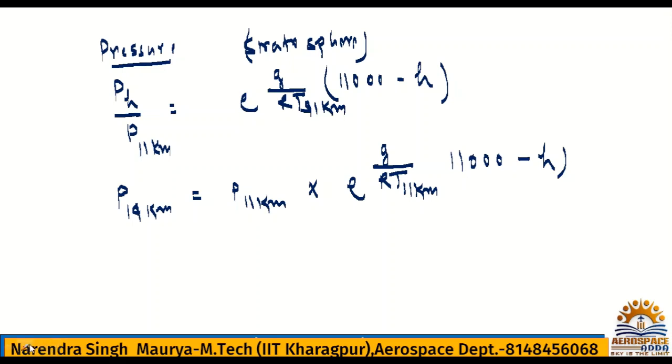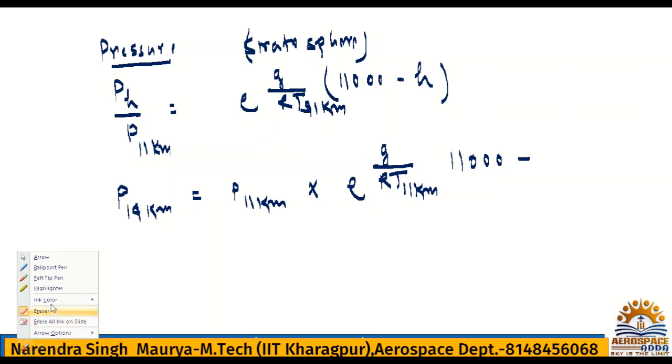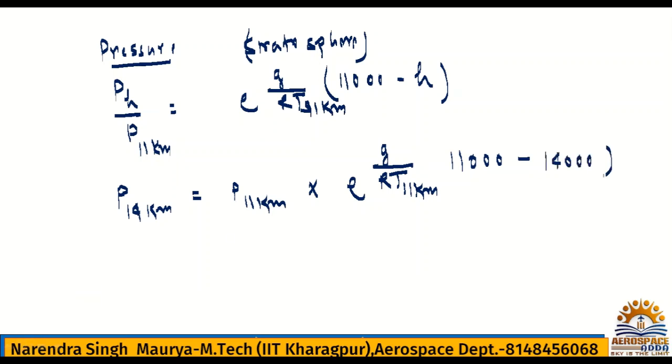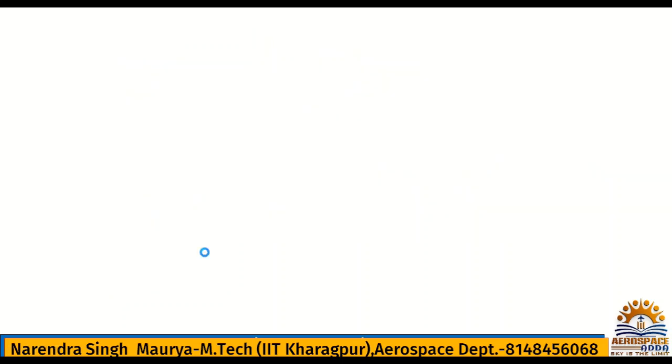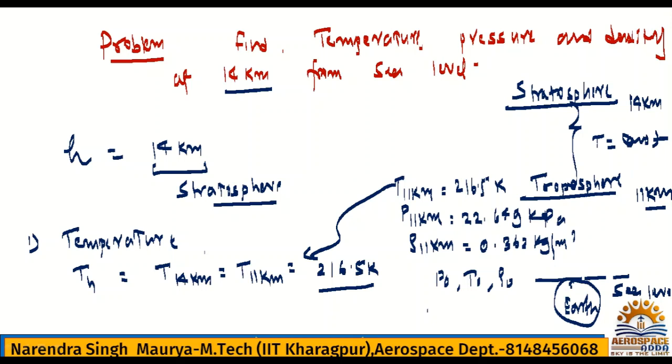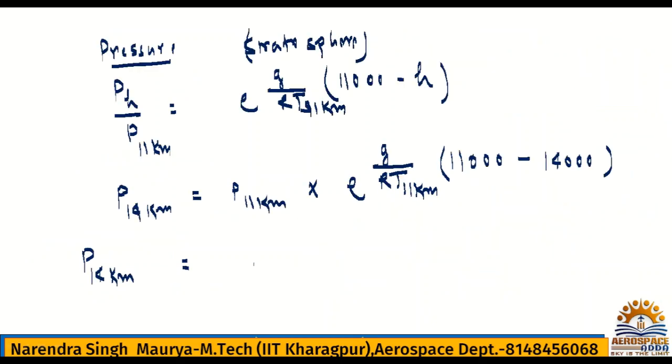What is h? h is 14 kilometer, so 14,000 meter. Now we'll put in all the data. What is P_11 kilometer? It is 22.649 kPa, where kPa, kilopascal, means 10 to the power 3.